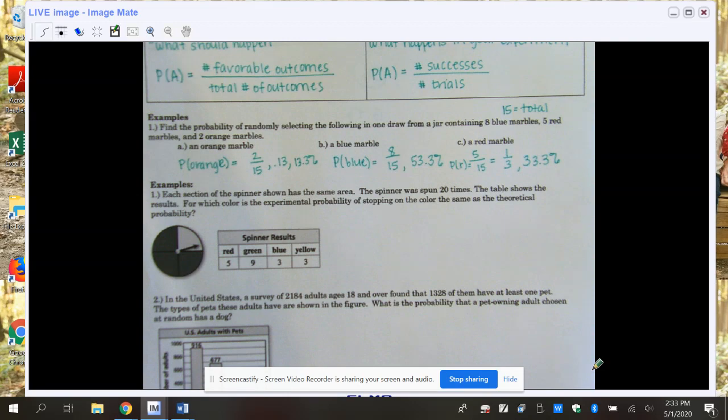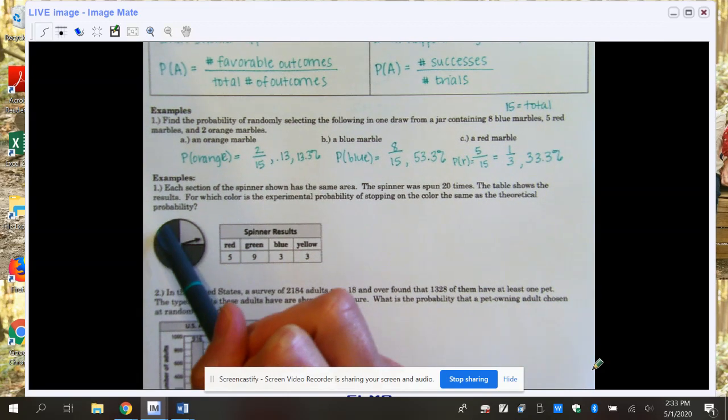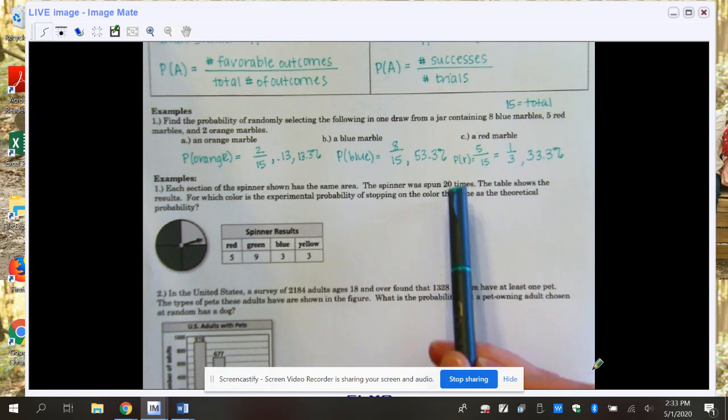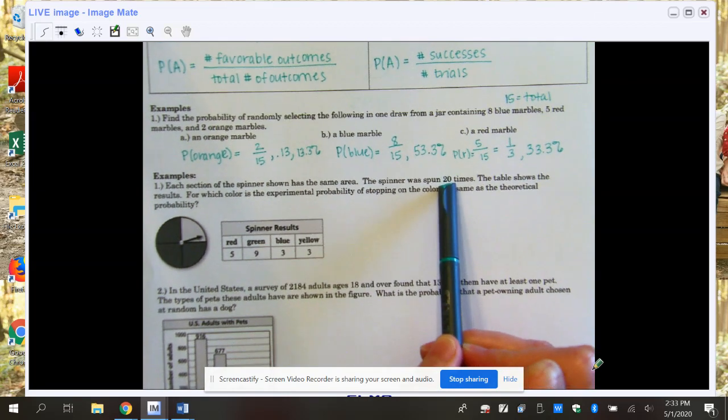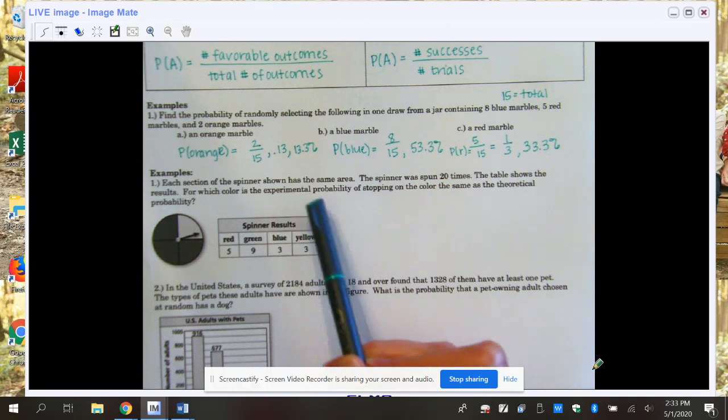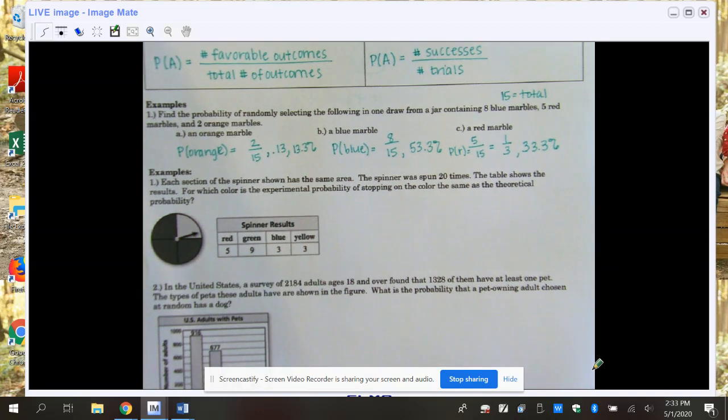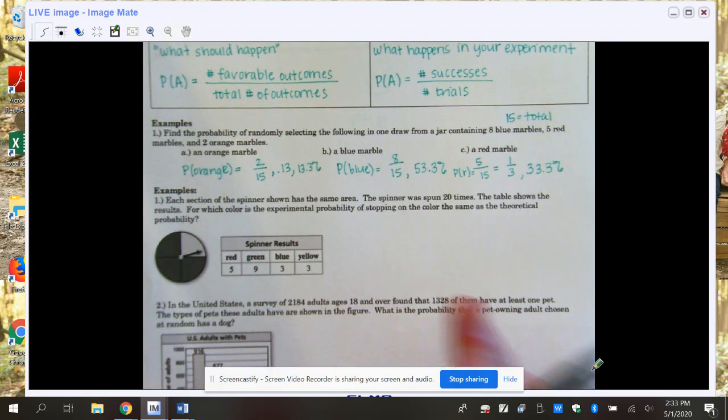All right, and so this next one says each section of the spinner has the same area, right? So the spinner was spun 20 times, so that's our experiment right here. The table shows the results. For which color is the experimental probability the same as the theoretical probability? Okay, so this goes back up to here.